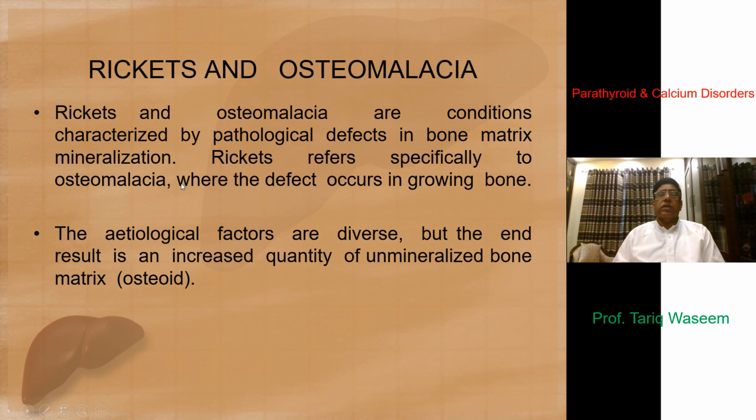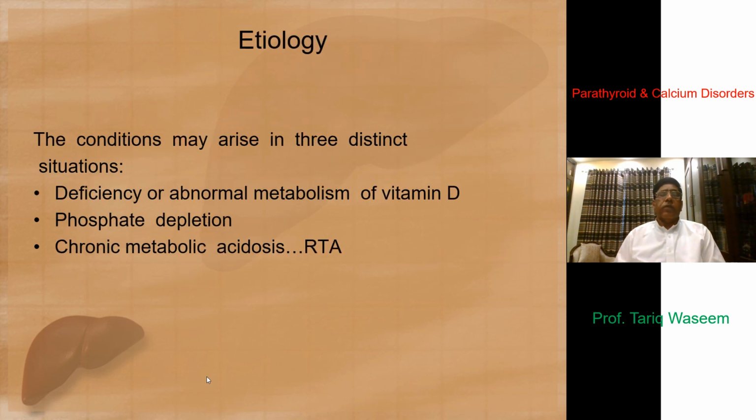Rickets, as we said, occurs in children and the growing age group, and osteomalacia later on. The factors which lead to rickets or osteomalacia are diverse, but the end result is that the quantity of unmineralized bone or matrix is reduced, and this is what is called osteoid.